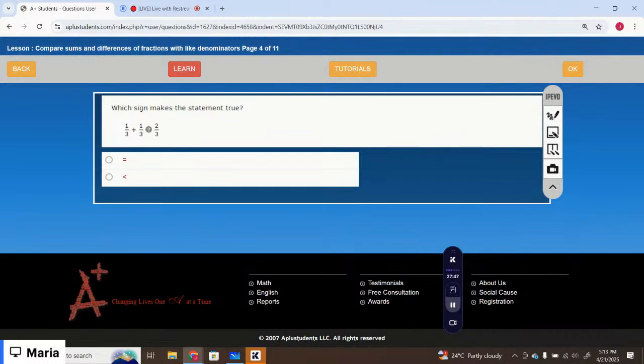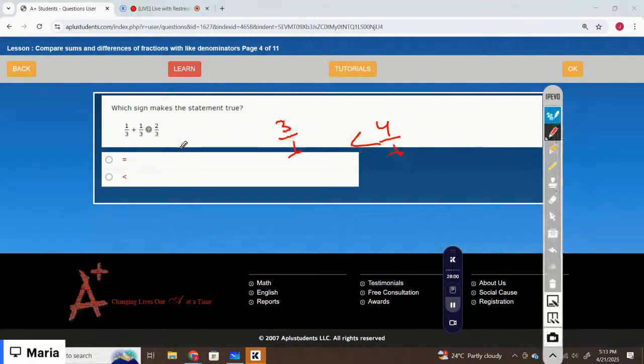Which sign makes the statement true? 1 by 3 plus 1 by 3.